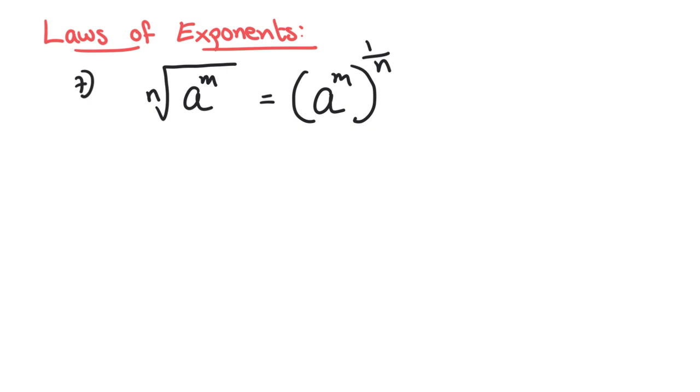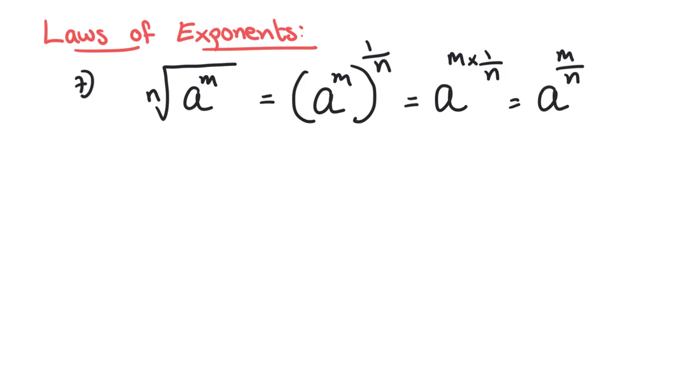Now observe, what law can we apply here? Is this in the form a to the power m, the whole thing to the power n? What is the law? It is a to the power m times n, isn't it? So a to the power m times 1 over n, which will be a to the power m over n.